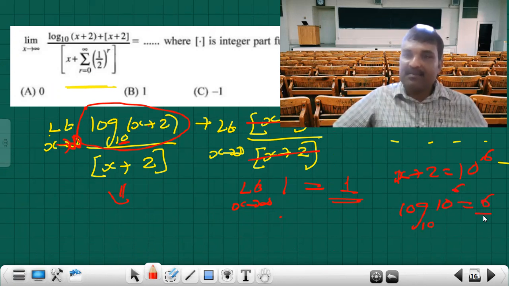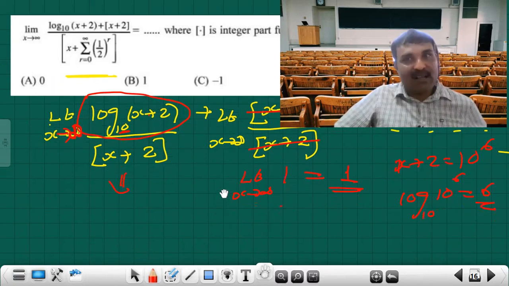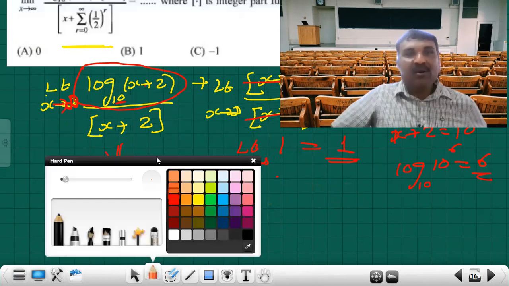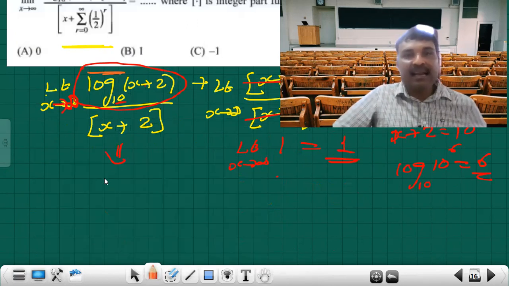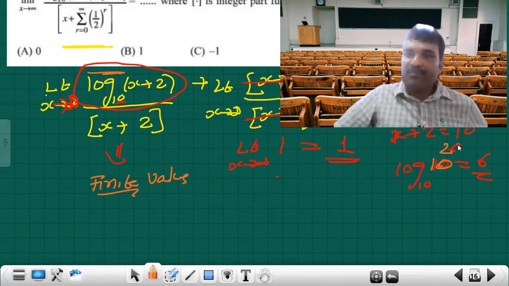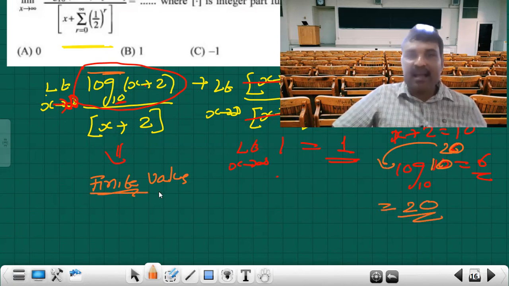That is equal to 6. So when x tends to infinity, the numerator becomes a finite value. Logarithm. Suppose this is log 10 raised to 20. 10 raised to 20 is a large value, so this 20 will jump here, and the value becomes 20. So the numerator becomes a finite value.